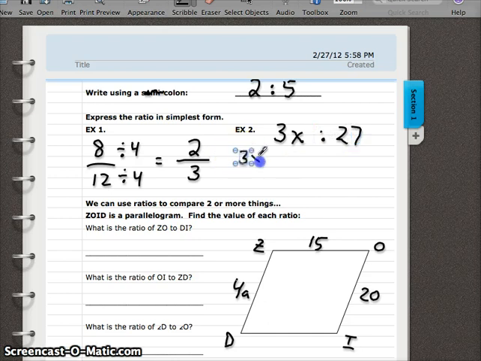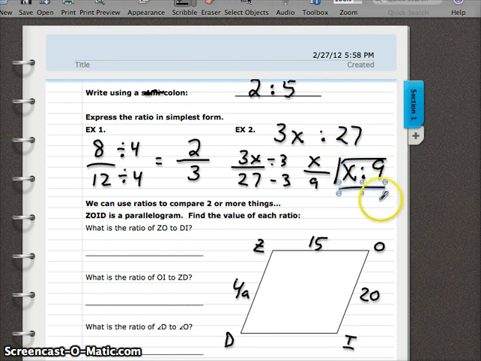So if we write this as 3x over 27, maybe that's easy to simplify. If we just divide top and bottom by 3, because that's the greatest common factor, then we're left with x over 9. And so we would have to say x colon 9, or x to 9. That would be our final ratio, because it was given to us in colon form, so our answer needs to be simplified in colon form.